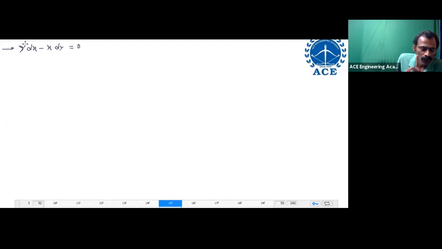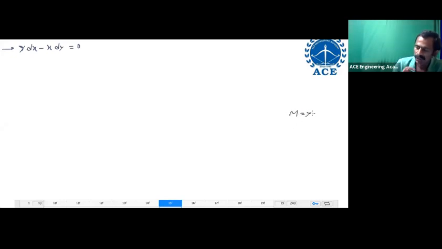Next, can you do this problem by the homogeneous method? Are you able to solve the problem by the homogeneous method? Now tell me the answer. Most of you are saying yes, and you are correct, because M equal to just y.